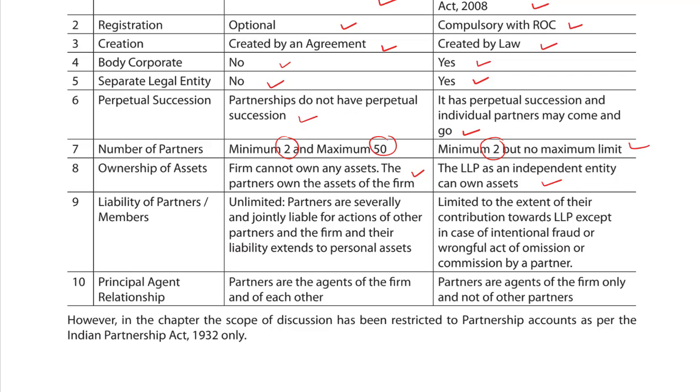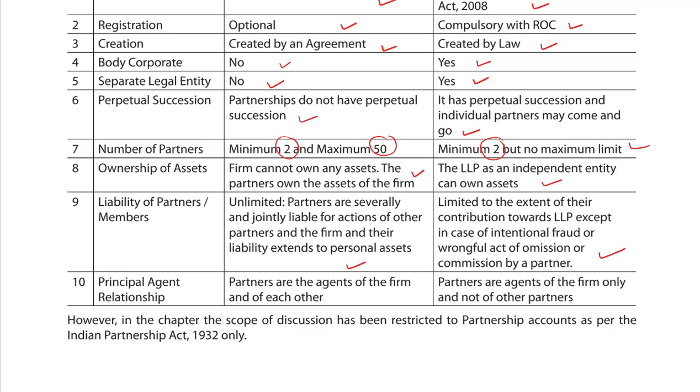In case of normal partnership, the liability of partners or members is unlimited. Partners are severally and jointly liable for actions of other partners and the firm, and their liability extends to personal assets. In case of LLP, liability is limited to the extent of their contribution towards the LLP, except in case of intentional fraud or wrongful act of omission and commission by the partners.